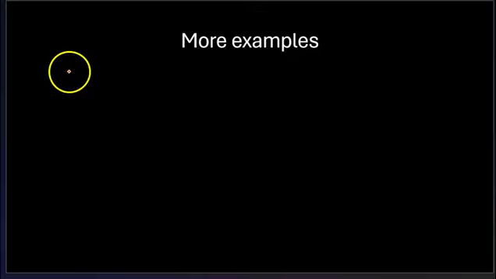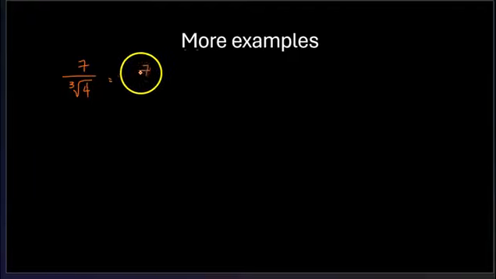Okay, so let me give you another example that is not a square root. For example, if you have, let's say, how do you rationalize 2 over cube root of 4? Okay, so if you look at this one, you can factor, right? This is just the same as cube root of 2 times 2. Okay. So you already have 2 factors.